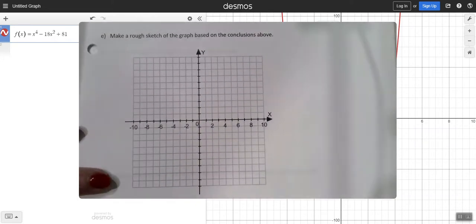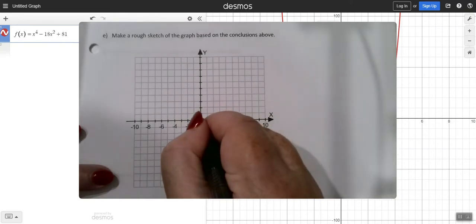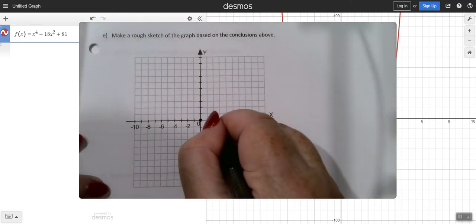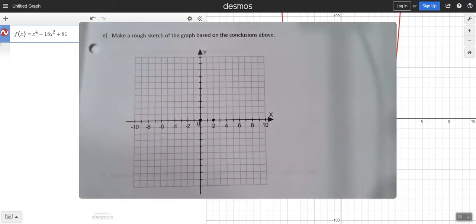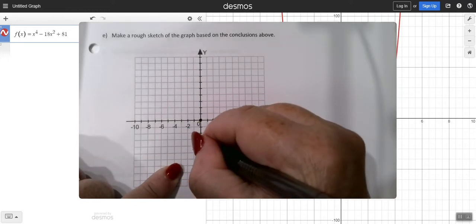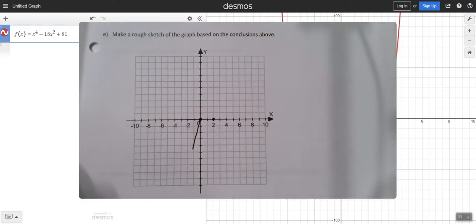My rough sketch, x equals 0, my first x-intercept, x equals 2, my other one. And the only other thing I know about intercepts is the y-intercept is also 0, 0. All right, I start down to the left. Now, at the 0, 0, I probably already messed up.